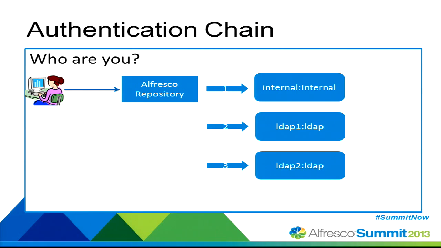If we're defining it in a properties file, it's simply a list of these: name, colon, type, comma, name, colon, type, comma, and that's how you build them up if you're editing the properties file. If you're using the admin console, then that's hidden from you, but it's worth knowing that the authentication chain contains a list of authenticator names and types.